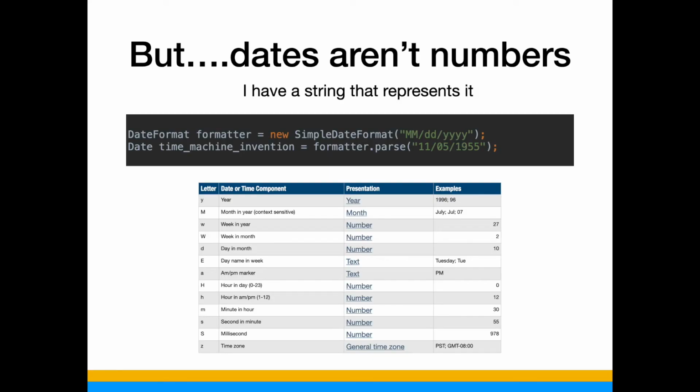Because of that, there is this class called the DateFormatter, and the DateFormatter allows us just to define a little language, allows us then to pass any strings that will be interpreted as that language.